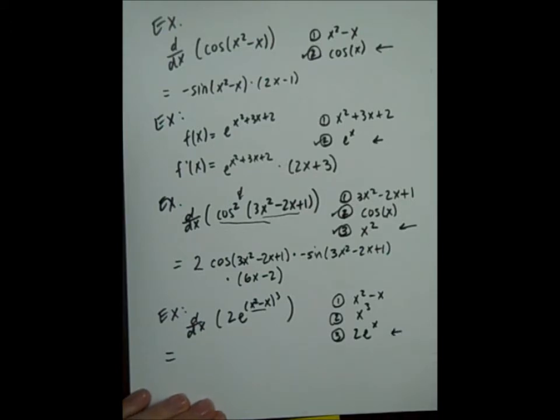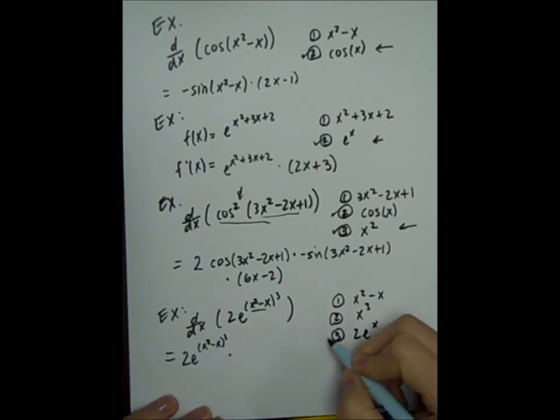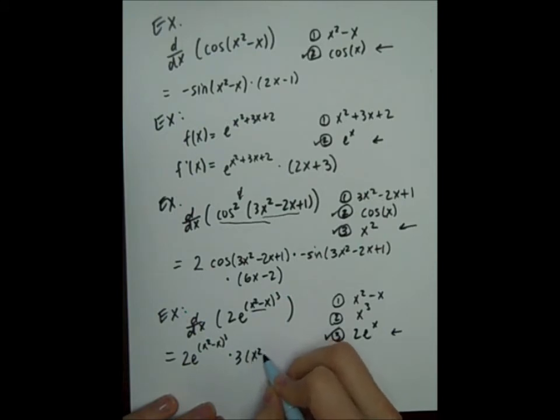I'm going to start with the very last one. So the derivative of 2e to the x. That's 2e to the x, but I don't write an x. I write everything that was above it. So that was x squared minus x cubed. So I'm taking care of my third one. Next, what's the derivative of x cubed? That would be 3x squared, but I don't write an x. I write everything that was above it.